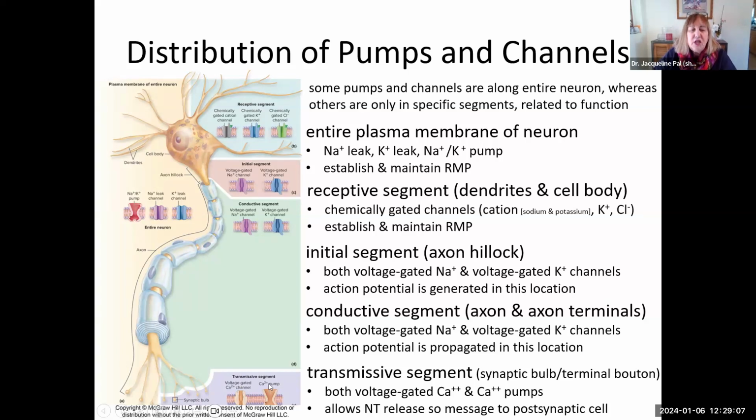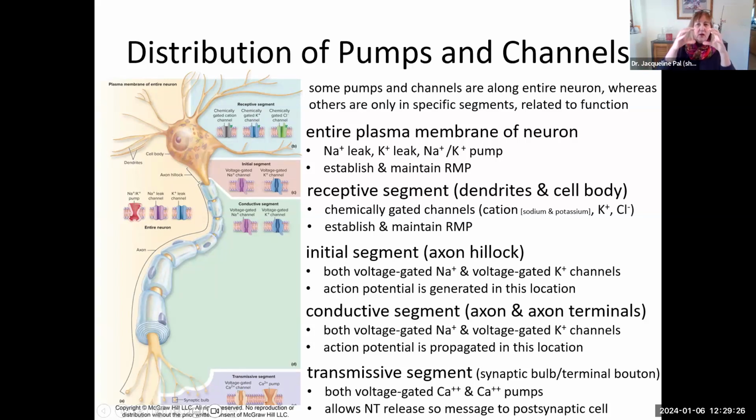And here we have a change. Here we have voltage-gated calcium channels, and you should remember this because these are required in order to get the calcium to enter the synaptic knob, which is required when we have that massive influx of calcium.